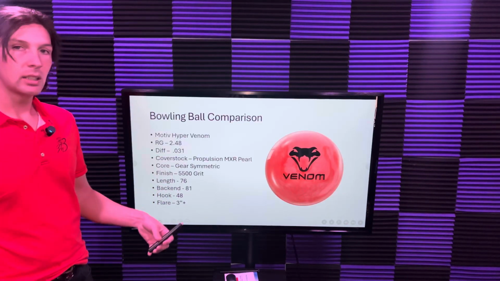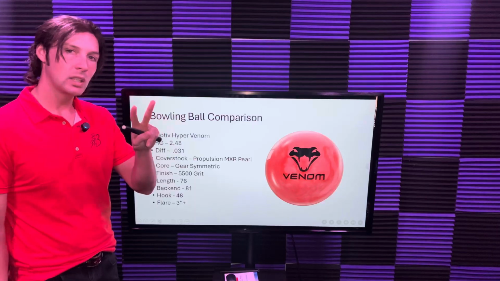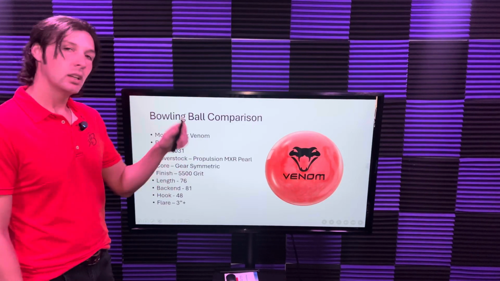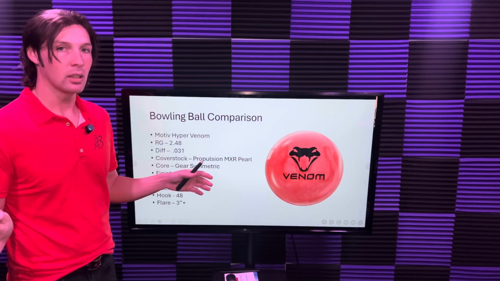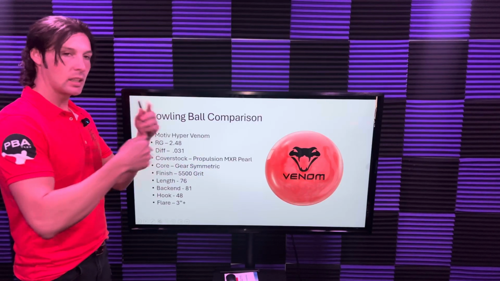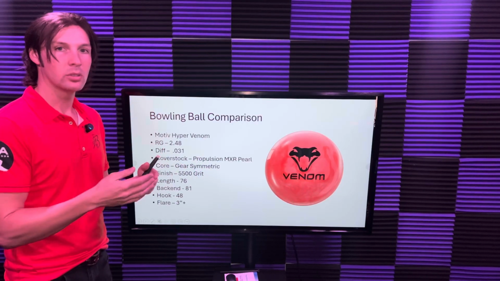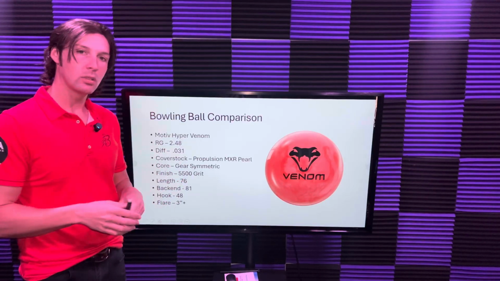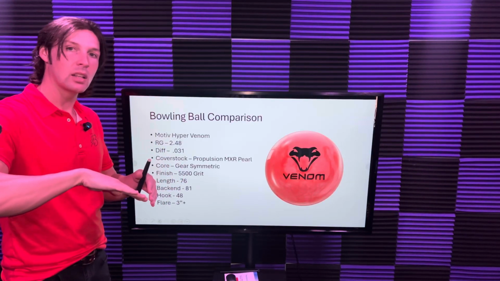That tells you those are the two key differences. It's the cover stock and the finish. And that changes everything, because how that cover stock is reading the lane will determine what kind of bowling ball it is. And then the finish will determine how much grip it has on that lane.